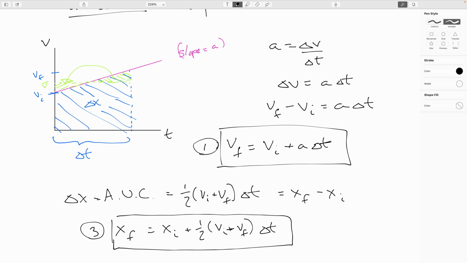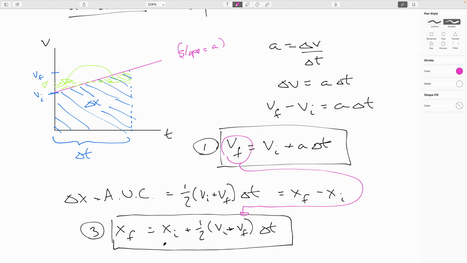So to get equation number 2, what we can do is take the final velocity I got here and stick it in there. So what's that doing for me? Something that we'll catch on to is this equation doesn't have a position in it.